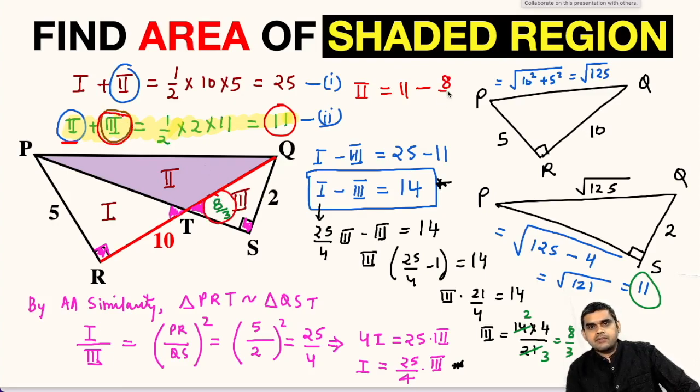So this will be 33 minus 8 upon 3, that is 25 upon 3. So the area of this second triangle, or the area of this shaded triangle, is nothing but 25 upon 3 square units.